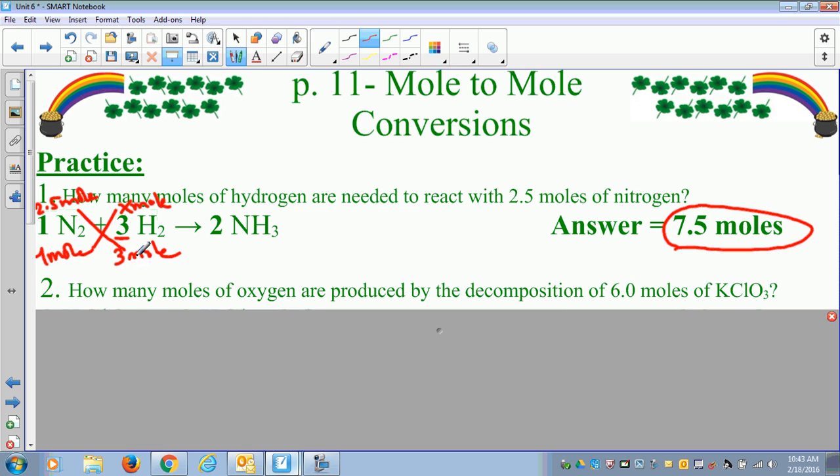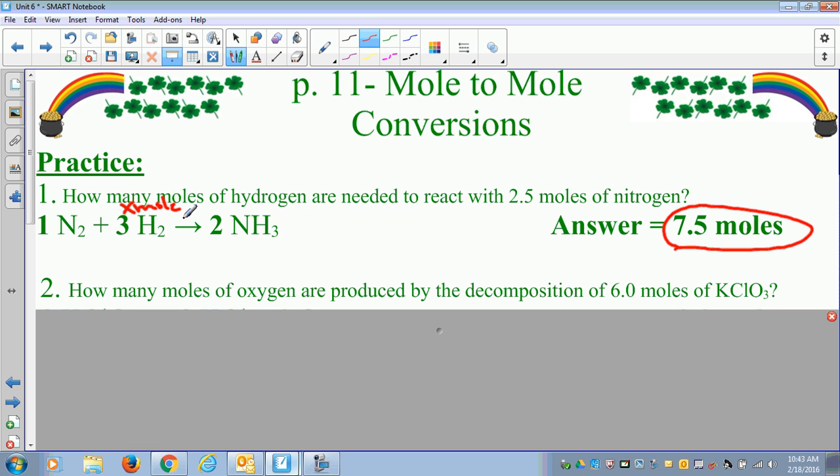As I'm telling you, this is the easiest way to learn stoichiometry. You read the question that says how many moles of hydrogen, so that means you're going to do X moles on hydrogen. If you don't write the unit, you will not get any points. If I only see X written there, you are in trouble.